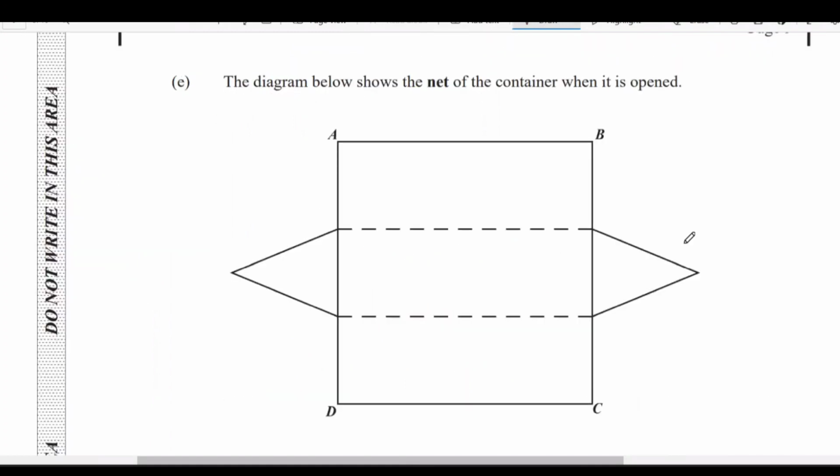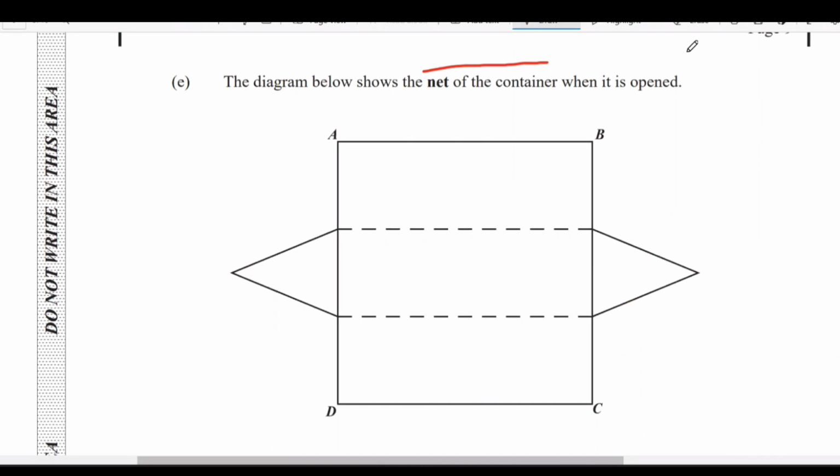All right, there's an E part to it, and it says the diagram below shows the net of the container when it is opened. We're seeing here we have the net of the container. So they cut along the edges and they open it out for you.